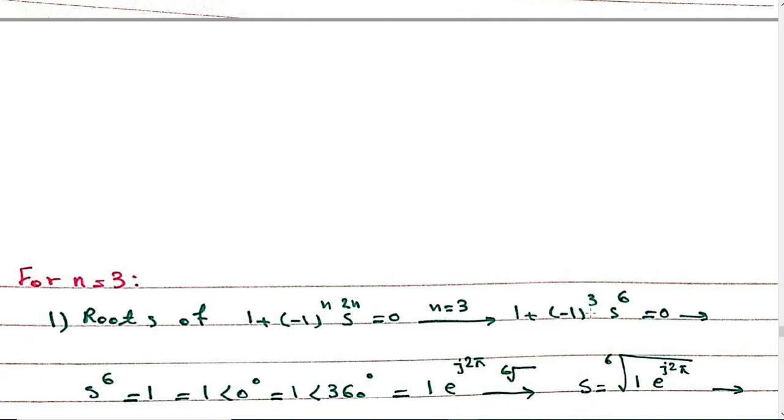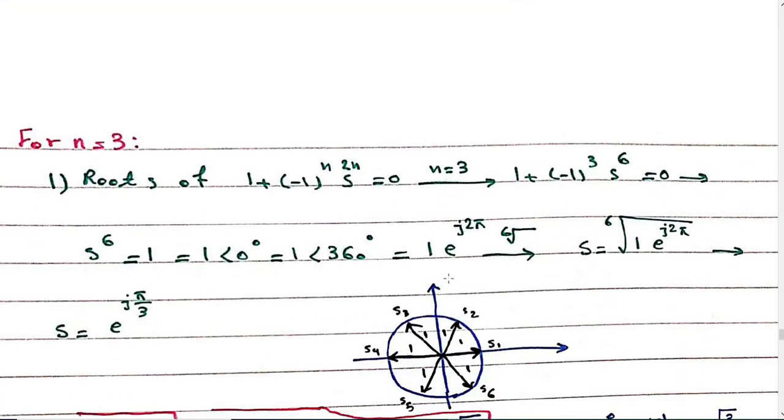Okay, we use the same polynomial. And now n is 3. So 1 plus negative 1 raised to the power 3 multiplied by s raised to the power 6, equals 0. So s raised to the power 6 is 1 now. So what is 1? The magnitude is 1. What is the angle?